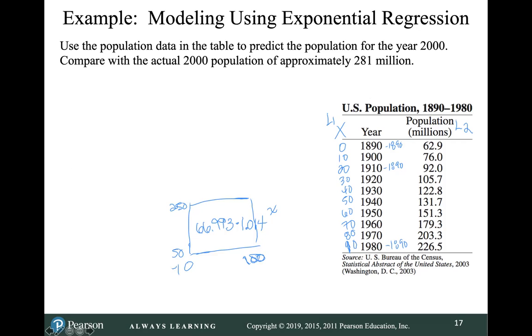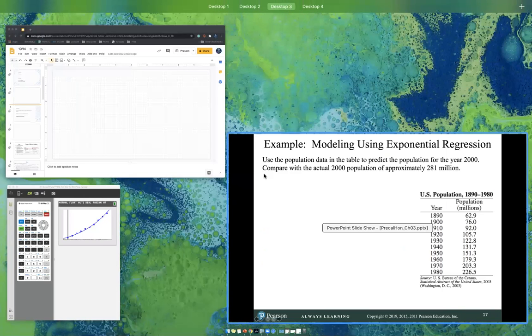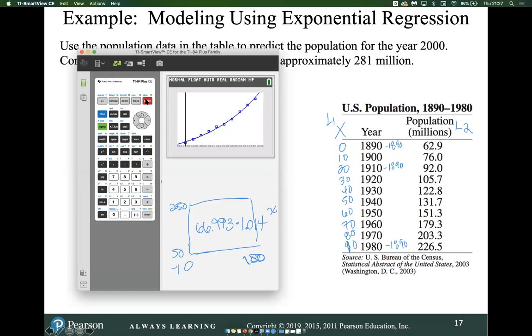So what I want to do is see how far off we are. So we're going to go into our table now. Now, if I go into the table, usually it starts at 0, 1, 2, maybe -1, -2, depending on where you were looking. But I don't want to start at 0. I want to know in the year 2000, what will my X value be?